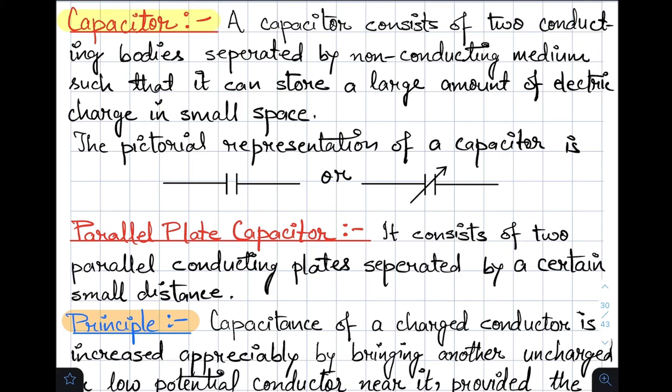A capacitor consists of two conducting bodies separated by a non-conducting medium such that it can store a large amount of electric charge in a small space. The pictorial representation of a capacitor is something like this, and for a variable capacitor it can be like this.